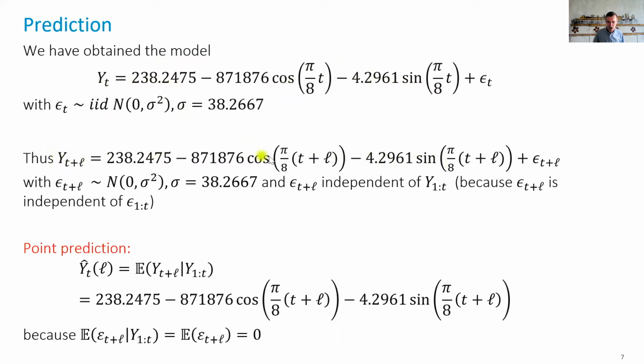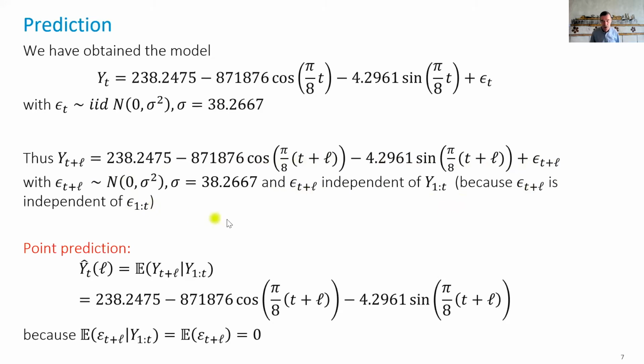Therefore, I have this property here for what will happen at time t plus L. In this equation, I have epsilon t plus L, which is the noise term. And in this model, the noise terms are all independent of each other. In particular, the noise term epsilon t plus L is independent of all the epsilons at times 1 to t.